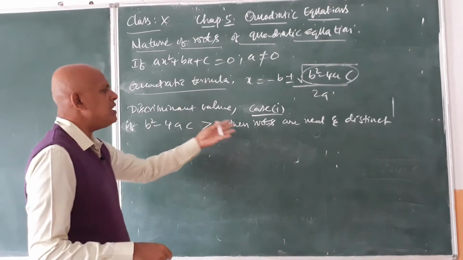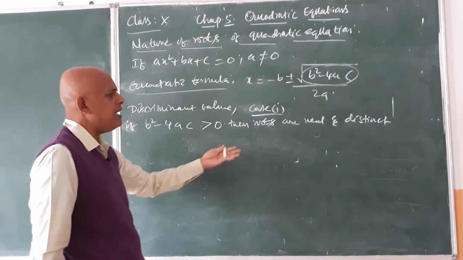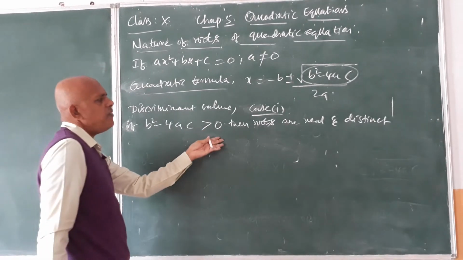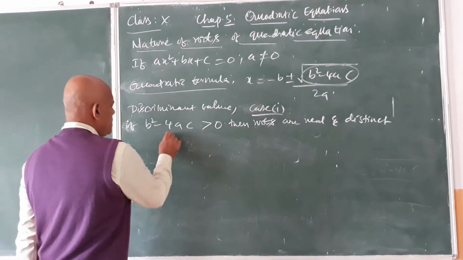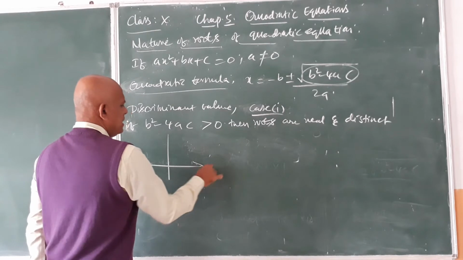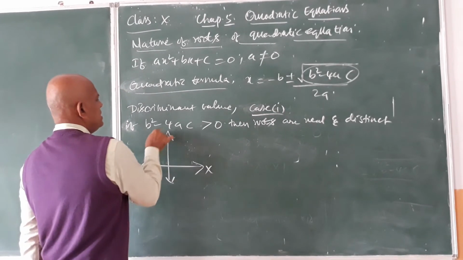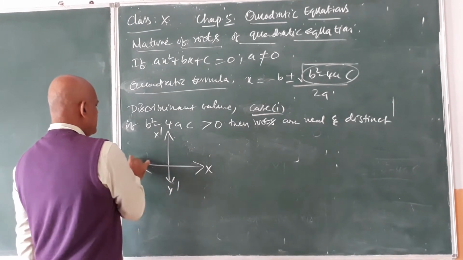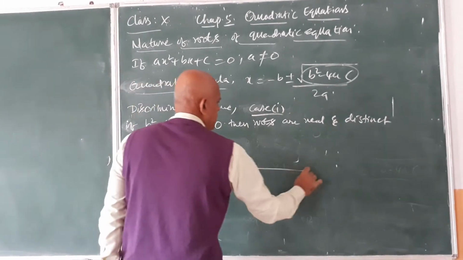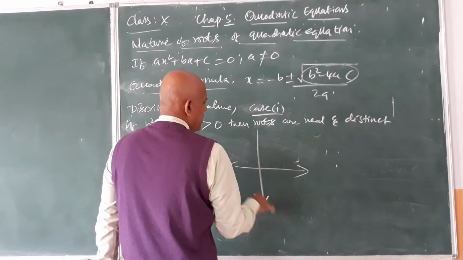Using the graph also, you can find this, as we learned in the earlier class. I am now drawing the graph related to this one: x dash, x, y dash, and y. Three different types of graph you can take here.